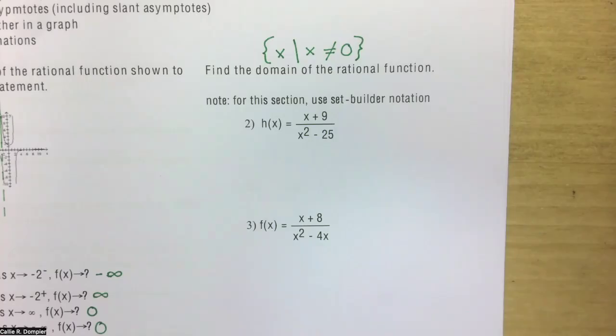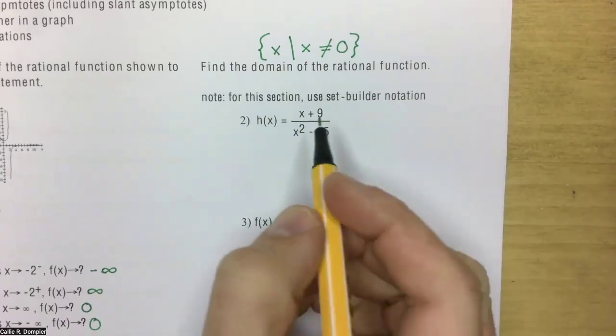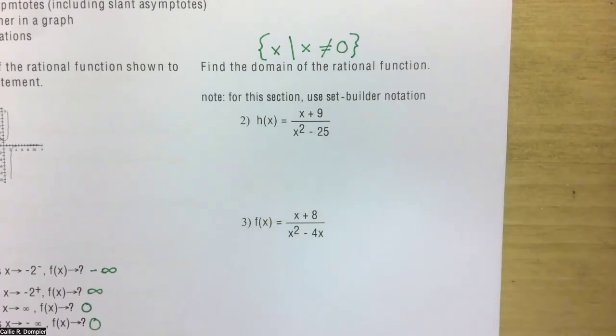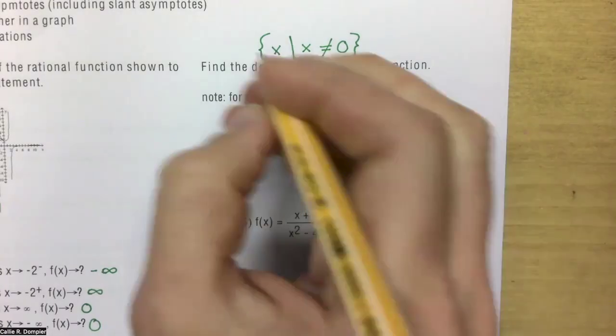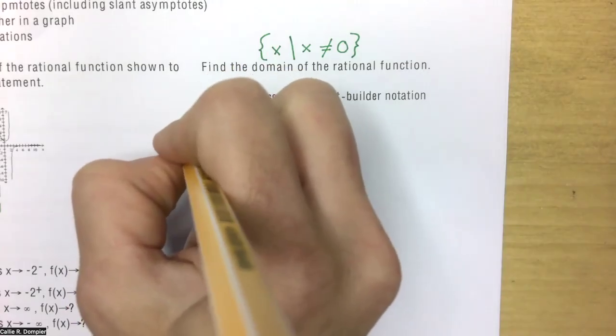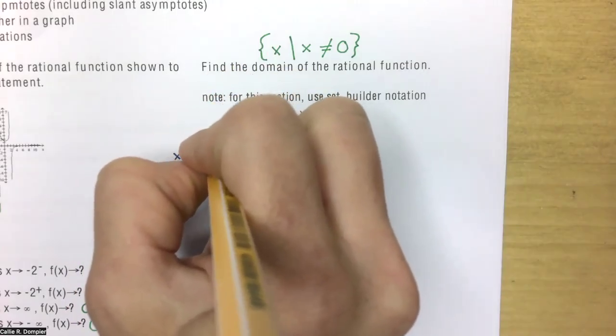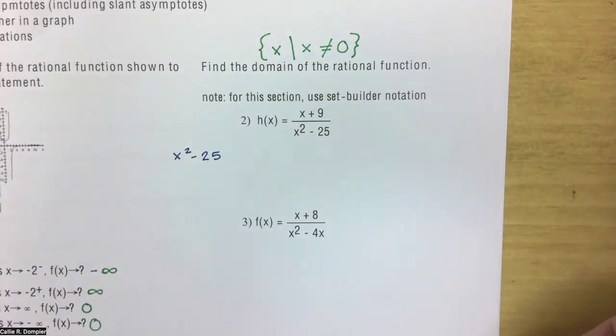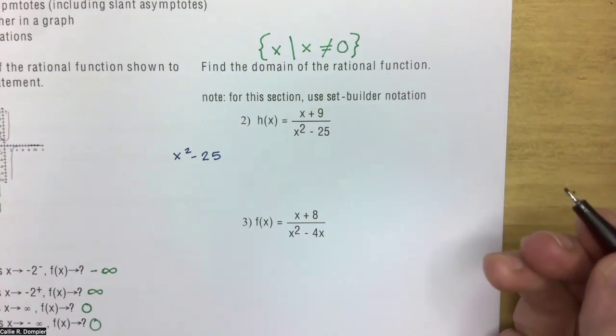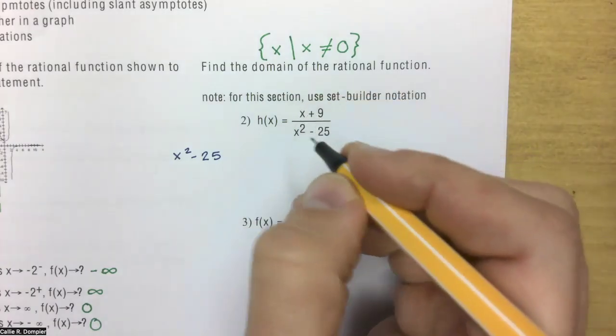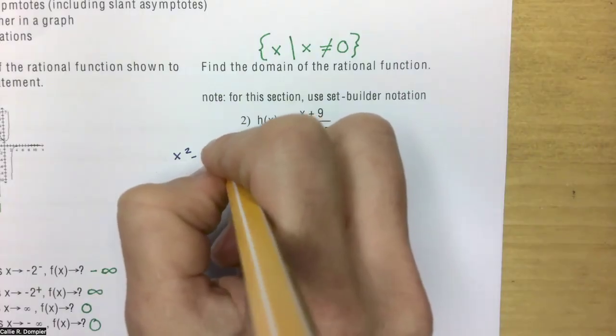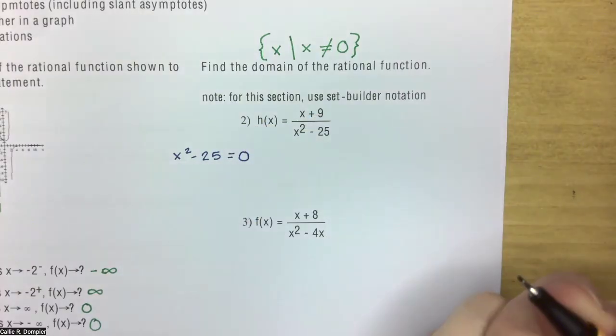So our domain is going to be all real numbers for x except anything that would make our denominator 0. So we're just going to look at that denominator. In this case, it's x squared minus 25. And we're going to set that equal to 0 and solve for x. Okay? There is more than one way you can do it. You can just set it equal to 0, just like that.